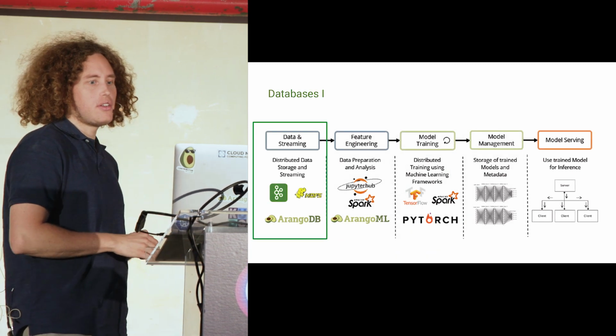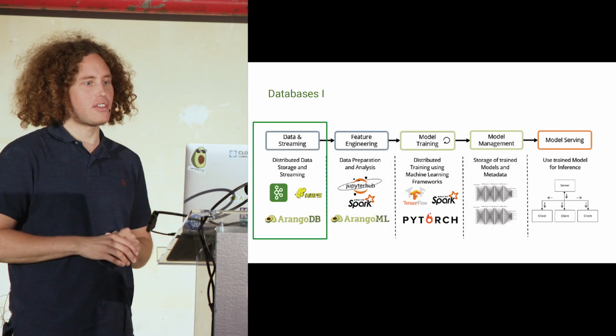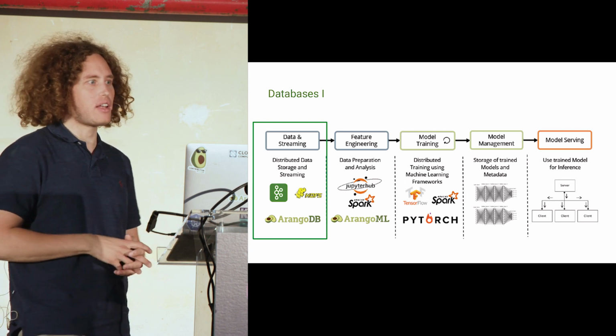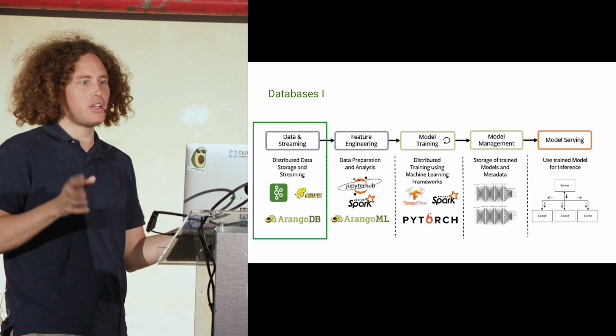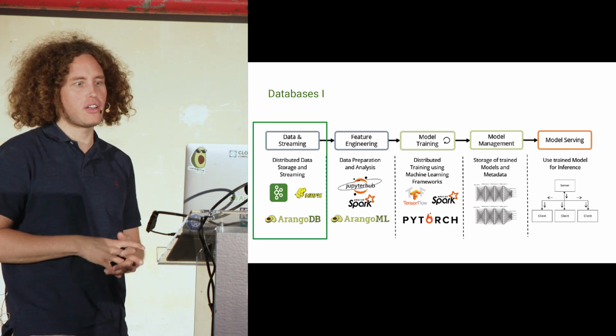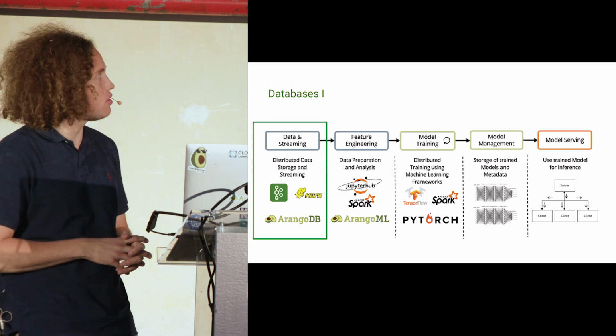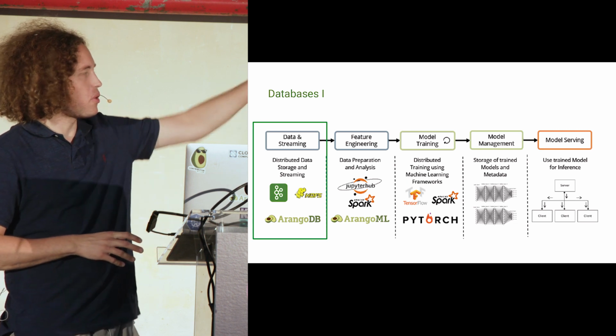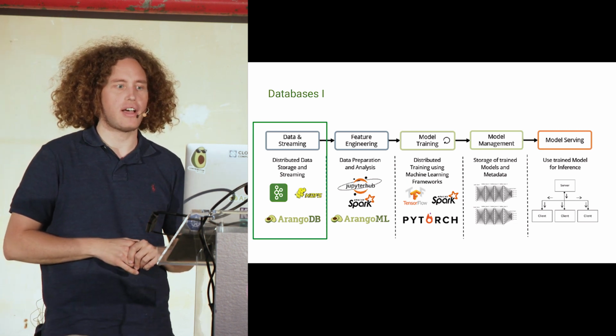All right, so as promised, how do databases fit in here? If we think about it, most of us are aware data is really important for machine learning, especially for deep neural networks. We need a lot of and also high quality data. So probably databases are important on the data and streaming side.